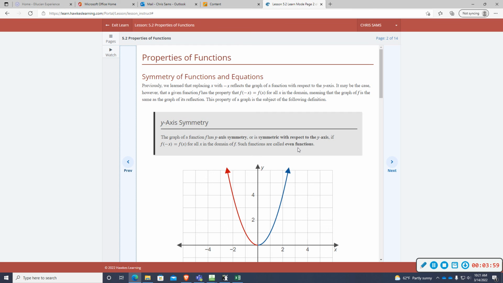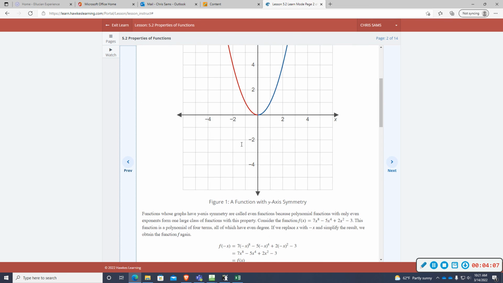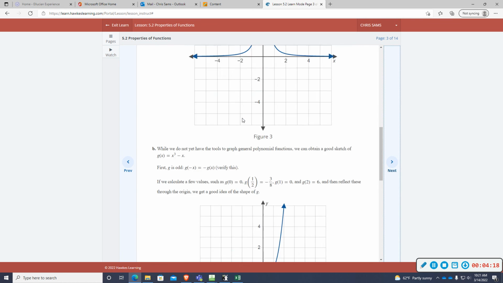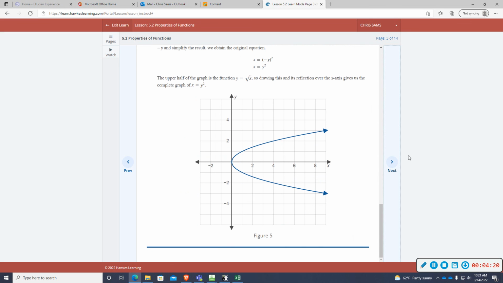But you can have a function that is both even and odd, which means it has both y-axis symmetry and origin symmetry. That's what odd means. So don't think just because it's even that it cannot be odd, or vice versa. It can be both. So here are those examples.